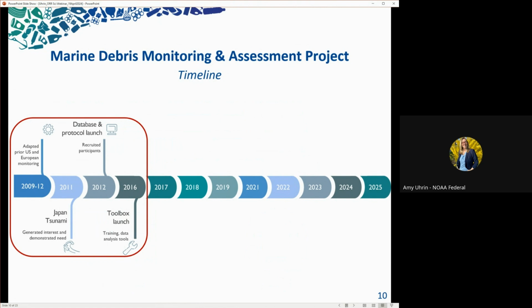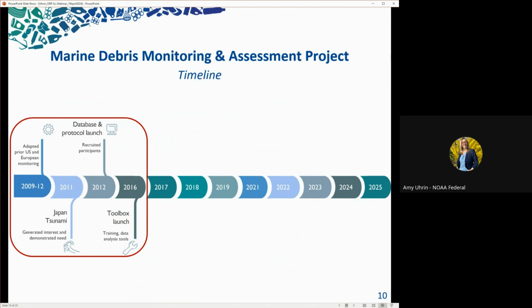Then in 2011, we had the Japan tsunami occur, which a lot of you are familiar with the aftermath of. There was collective interest across the west coast of North America in particular to rapidly collect data on debris loads on shorelines in anticipation of an influx of debris from this natural disaster.